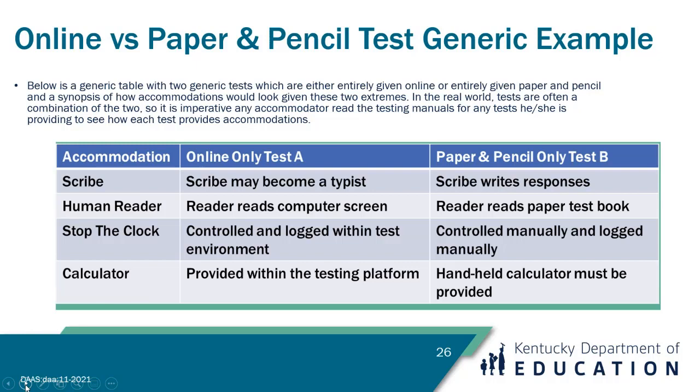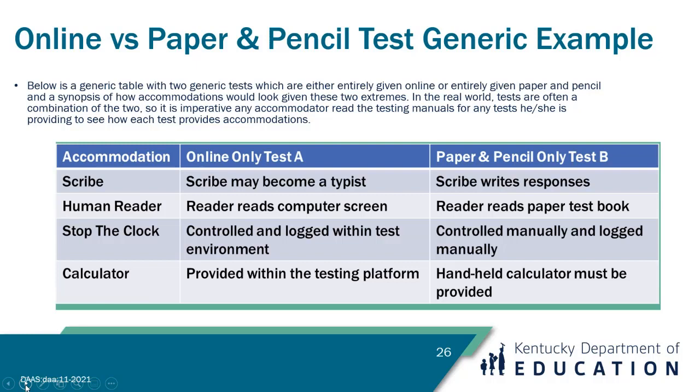For instance, on Test A, the online test, a scribe may become a typist, but on Test B, the paper and pencil, all responses will be handwritten by the scribe. What the scribe can do does not change. The scribe may still only record word for word what the student says. Human reader on the online-only test without a paper option. The reader would simply just read the computer screen.